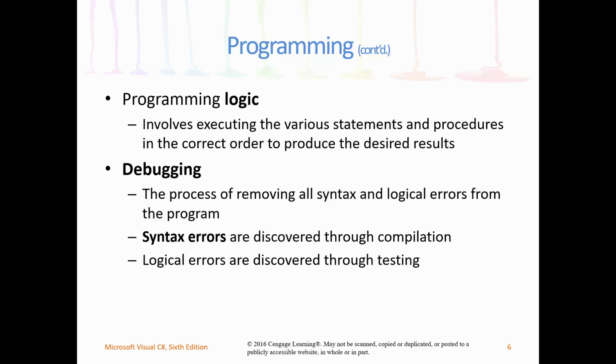Now, typically when you're developing a program, you'll make mistakes. All right? Mistakes in computers are known as bugs. The act of removing all syntax errors from a program and runtime errors and logic errors is what's known as debugging. And some people listen to that and they think that's kind of a weird term.